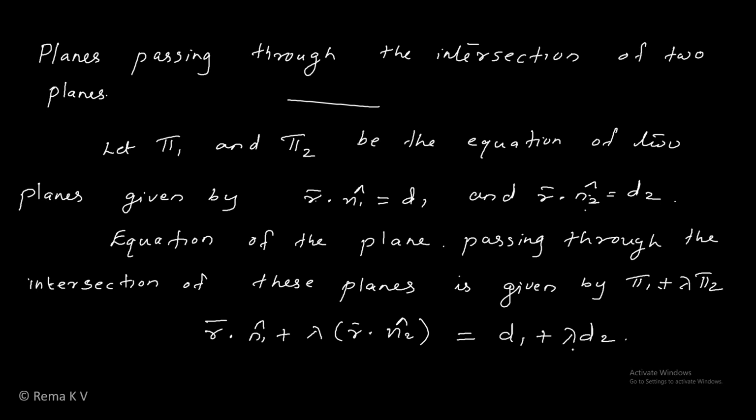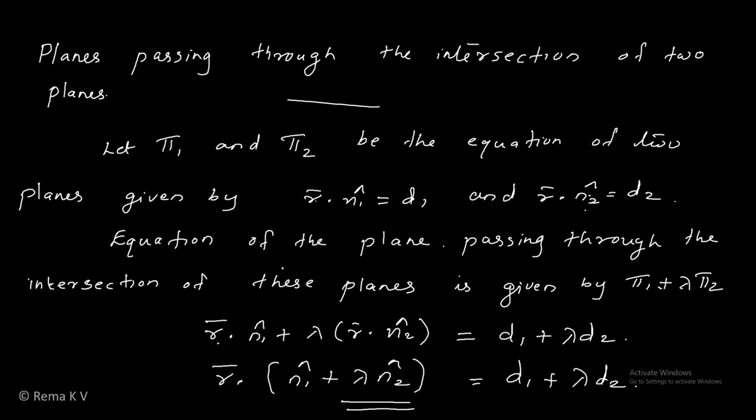Or we can write this as r dot n1 cap plus lambda n2 cap, equal to d1 plus lambda d2. So to find the equation of a plane passing through the intersection of these two planes, the first plane, that is r dot n1 cap plus lambda into n2 cap, is equal to d1 plus lambda d2.